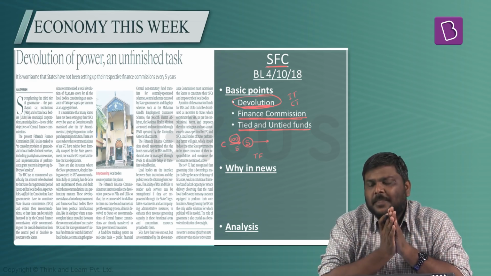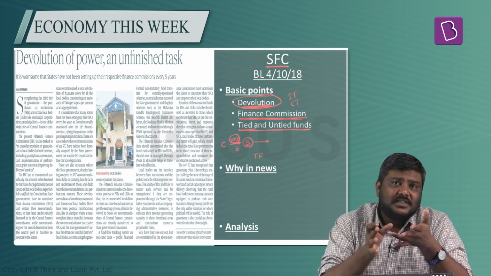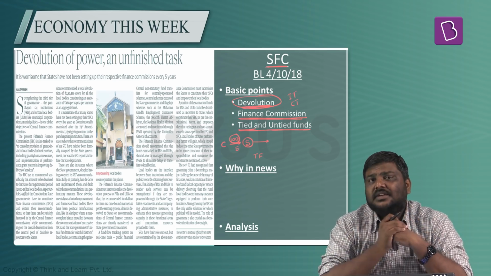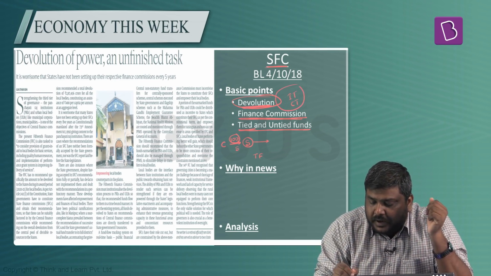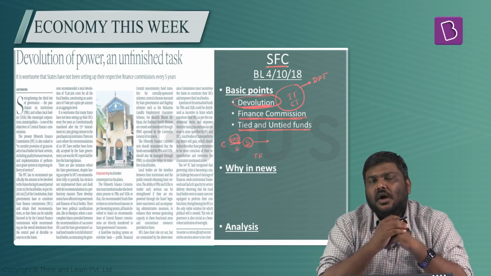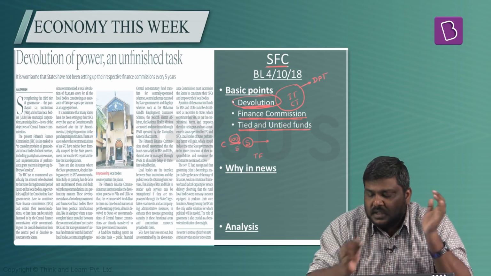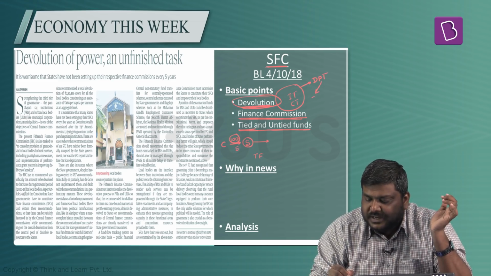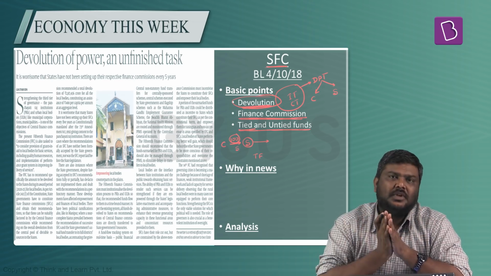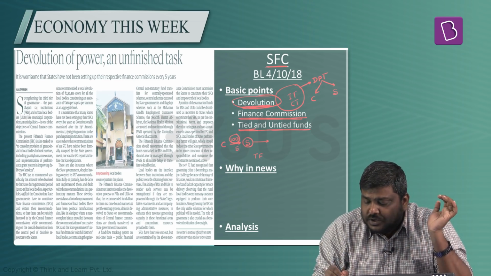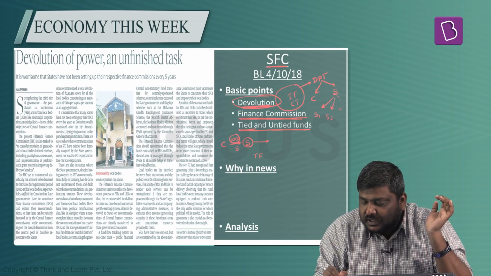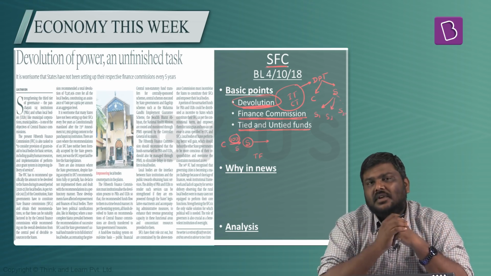What happens is these direct taxes as well as indirect taxes collected by the central government will be pooled into an account called the divisible pool of taxes. Out of this divisible pool of taxes, how much should go to the central government, how much should go to the states as a group, and after this, how much should go to state 1, state 2, and so on till state 29.